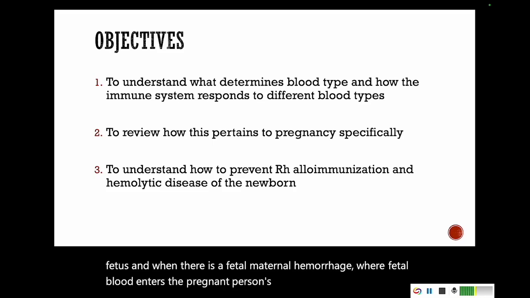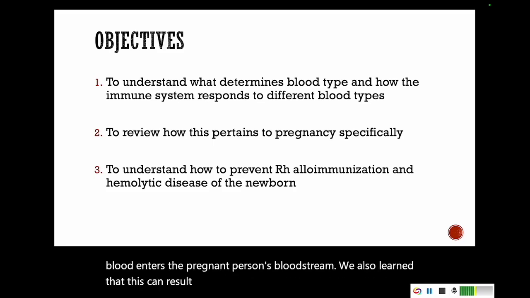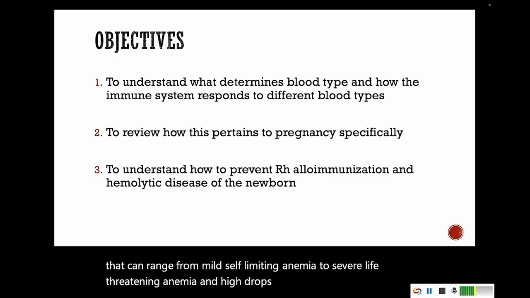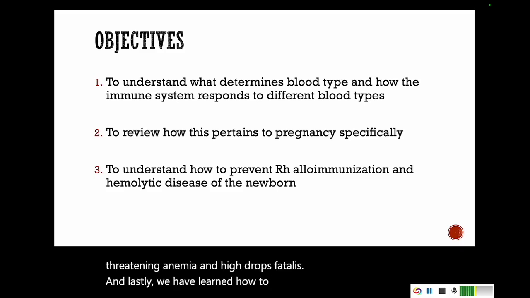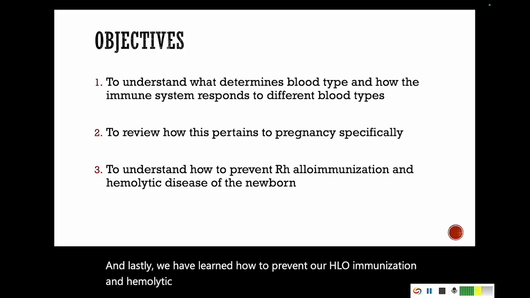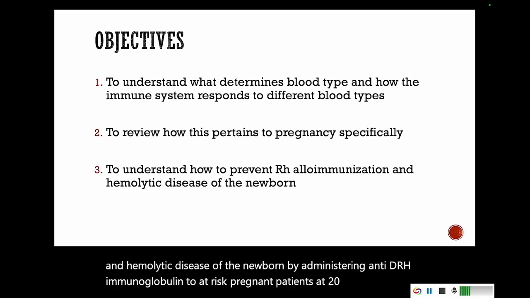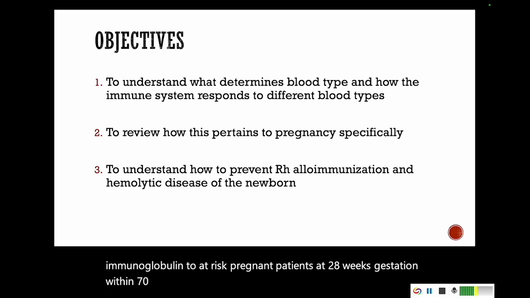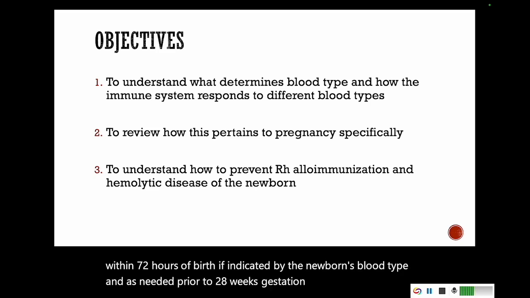We also learned that this can result in hemolytic disease of the newborn, a condition that can range from mild self-limiting anemia to severe life-threatening anemia and hydrops fetalis. And lastly, we have learned how to prevent Rh alloimmunization and hemolytic disease of the newborn by administering anti-D Rh immunoglobulin to at-risk pregnant patients at 28 weeks gestation, within 72 hours of birth if indicated by the newborn's blood type, and as needed prior to 28 weeks gestation if a fetal-maternal hemorrhage is suspected.